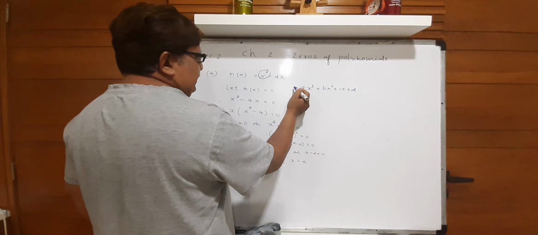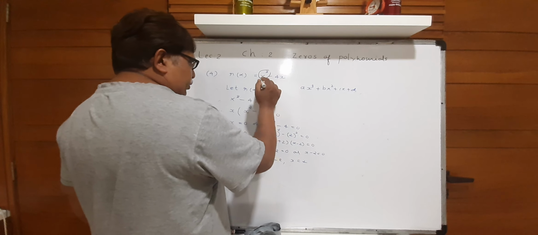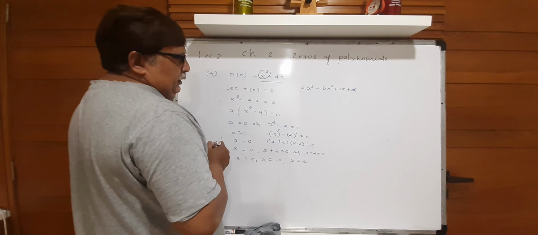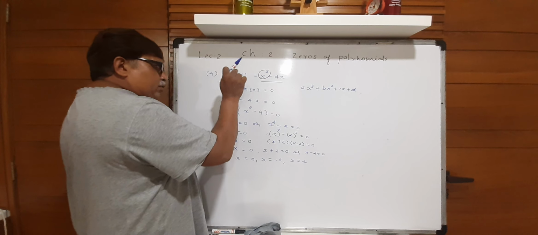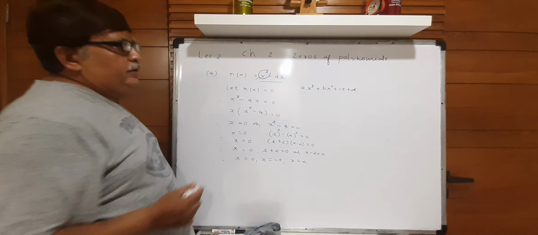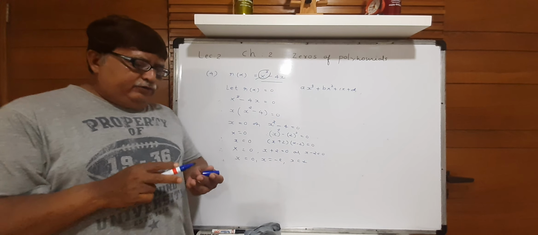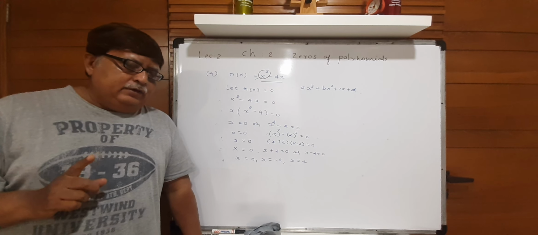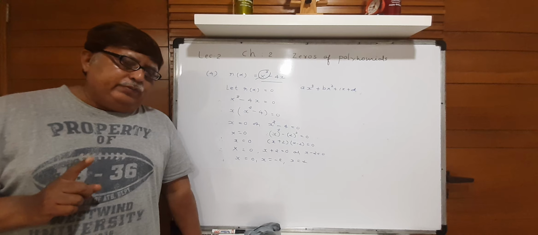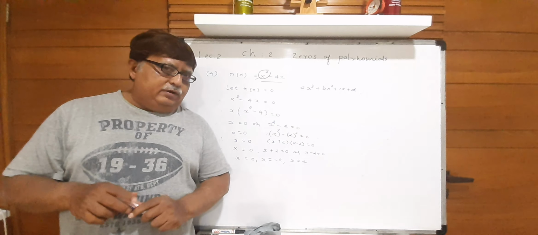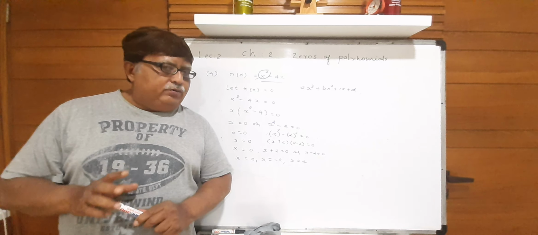But sometimes it happens that the polynomial may consist of only 2 terms. But to call it a cubic polynomial, it is sufficient that the polynomial has one term having the third power of x. That is sufficient for naming it a cubic polynomial. So you have to keep that in mind.